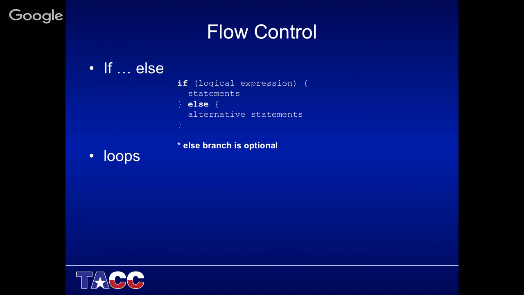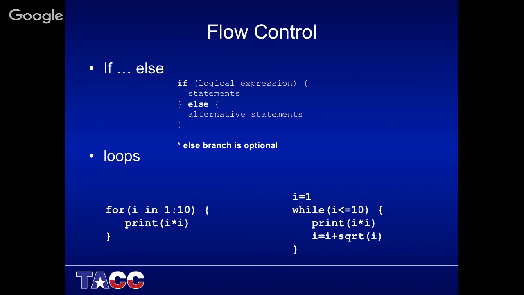The other thing in flow control is loops, which is quite common in most programming languages. You have the for loop, where you're indexing through a list. This is the format of it. You also have the while loop.